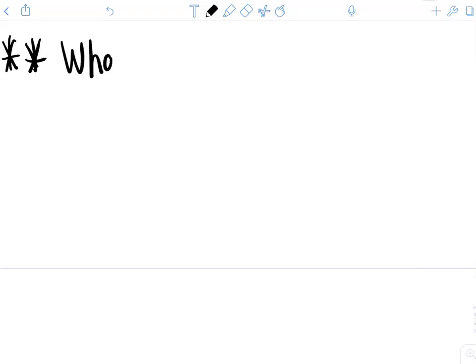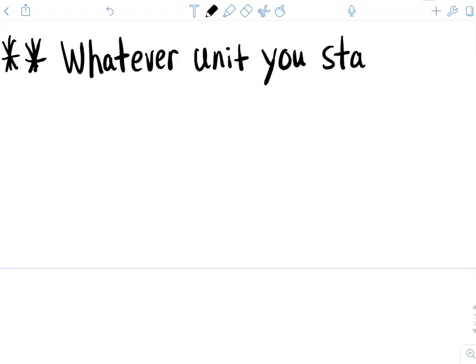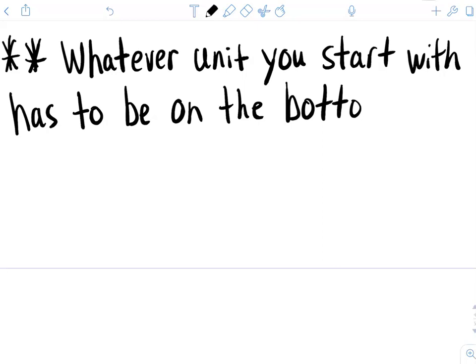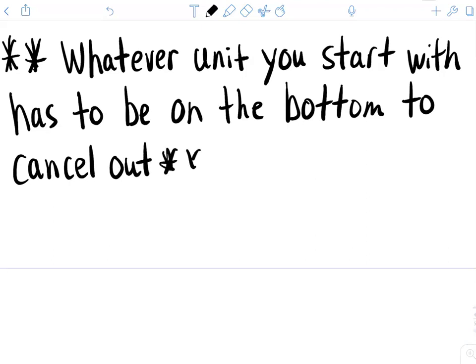Whatever unit you start with has to be on the bottom to cancel out, meaning that those units are going to cancel out. So again, whatever's on the top then goes on the bottom.